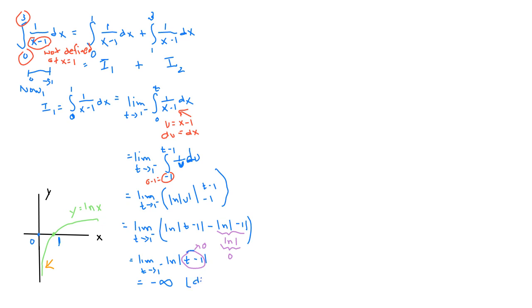This is an example of divergence. So recall, this was our first integral. We split our integral from 0 to 3 up into the sum of 2 integrals, and the first integral diverged. Are there any questions on that?